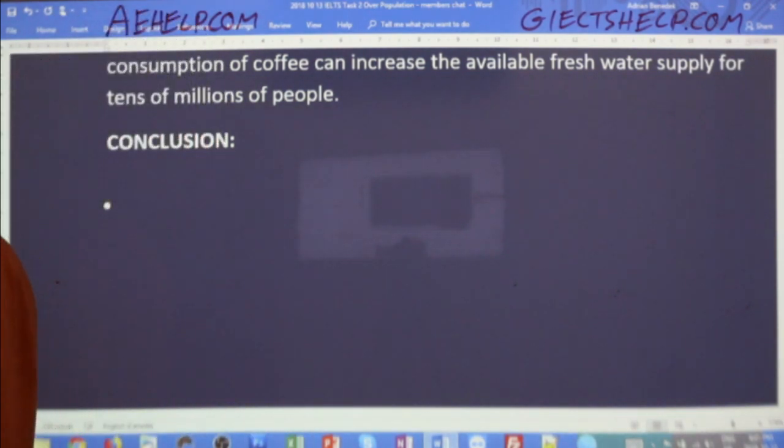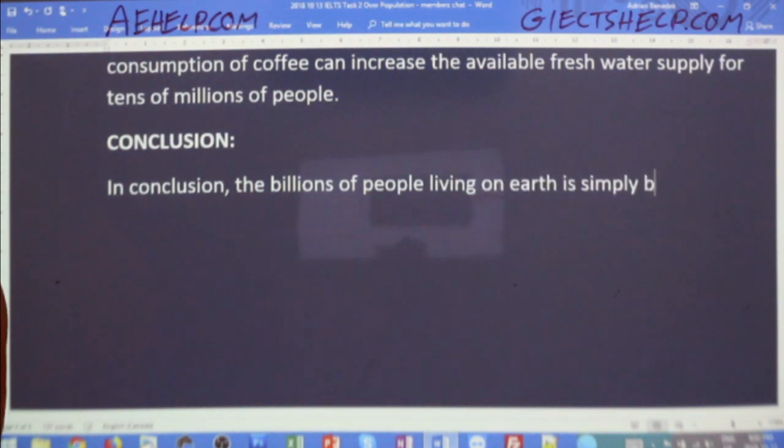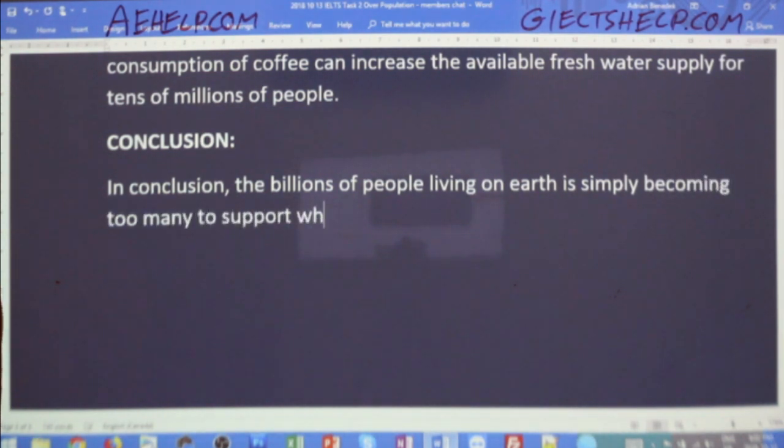Okay, in conclusion, so let's conclude. So we have to restate what's going on here, okay? So, in conclusion, start it off like that. In conclusion, the billions of people living on Earth is simply becoming too many to support with the current attitudes towards living.